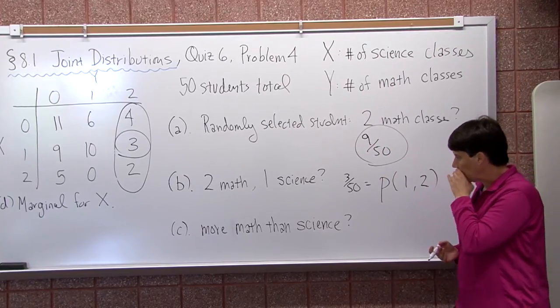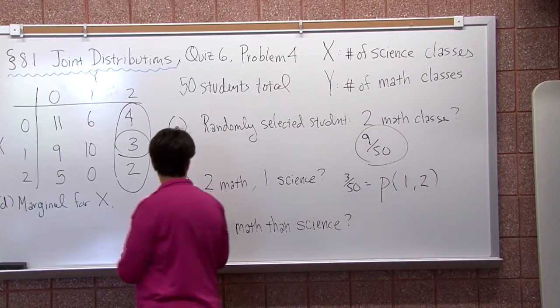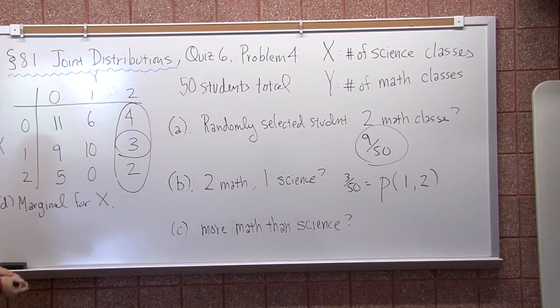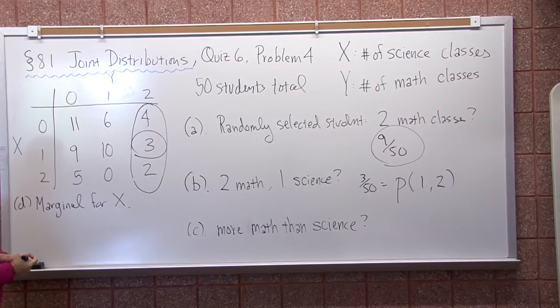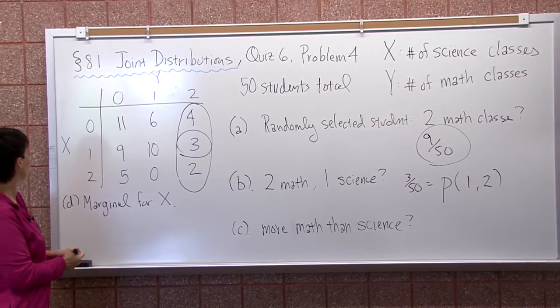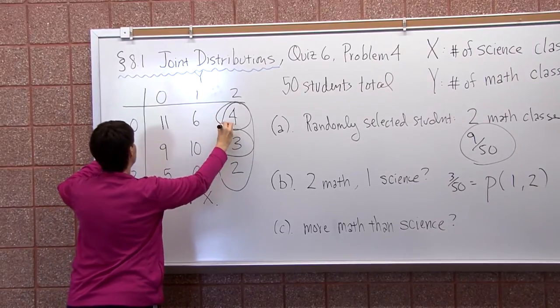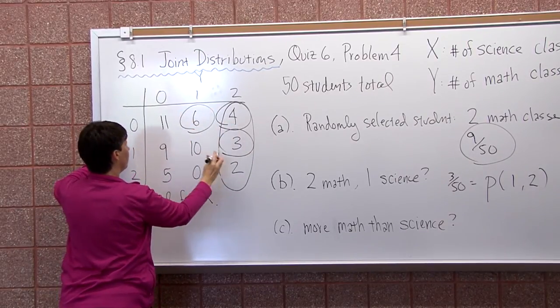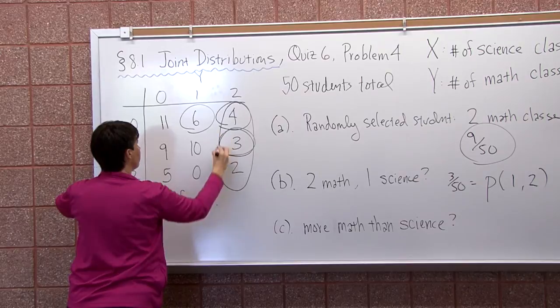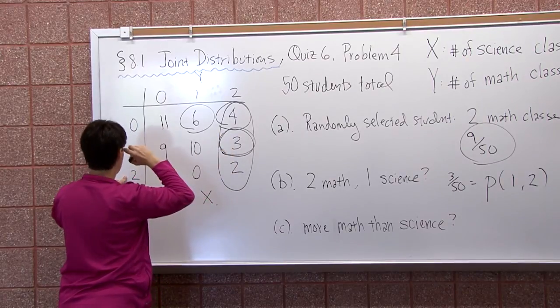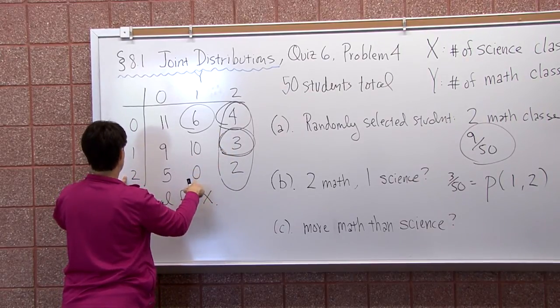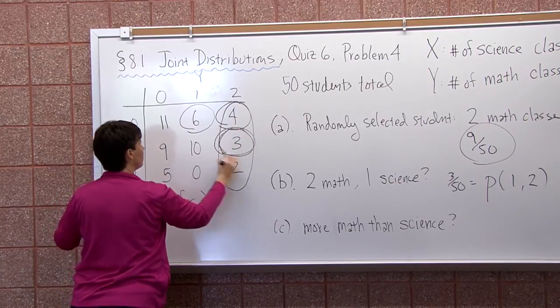What's the probability that we randomly select a student and they are taking more math than science? So more math would mean Y is bigger than X, right? So here, Y is bigger than X. It looks like it's just these 3, right?